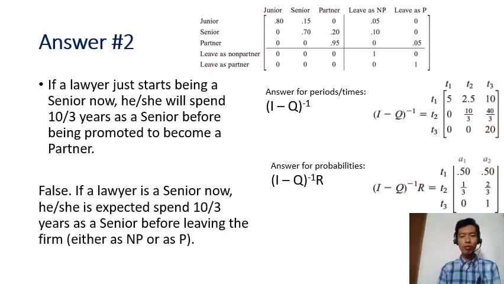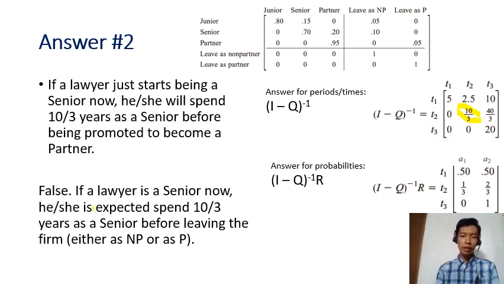The answer is false because the 10/3 number here means that if a lawyer is just starting as a senior now, he or she is expected to spend 10/3 years as a senior before leaving the firm as either a non-partner or partner. So it's not about being promoted to become a partner, because maybe he or she will leave before being promoted, right?